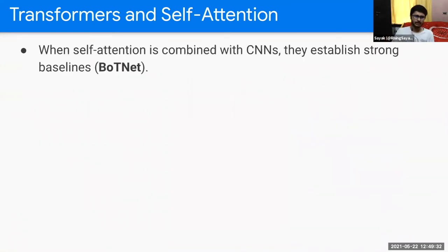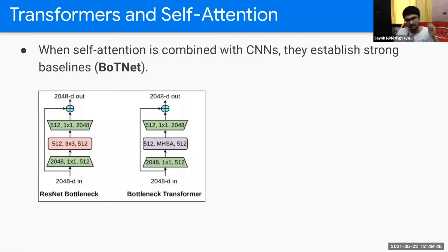And another trend is that when self-attention is combined with convolutional neural networks, they establish very strong baselines. And this is a network that actually does this, called BoTNet. So here's an example. In the standard residual bottleneck, we have standard convolutional layers with varying filter sizes.